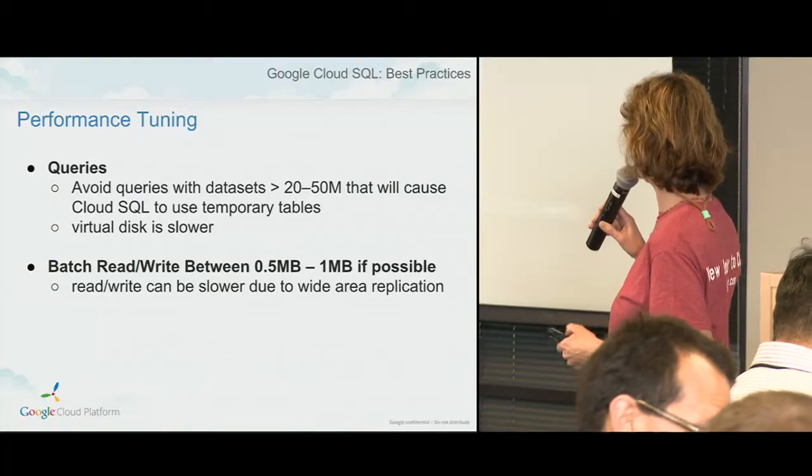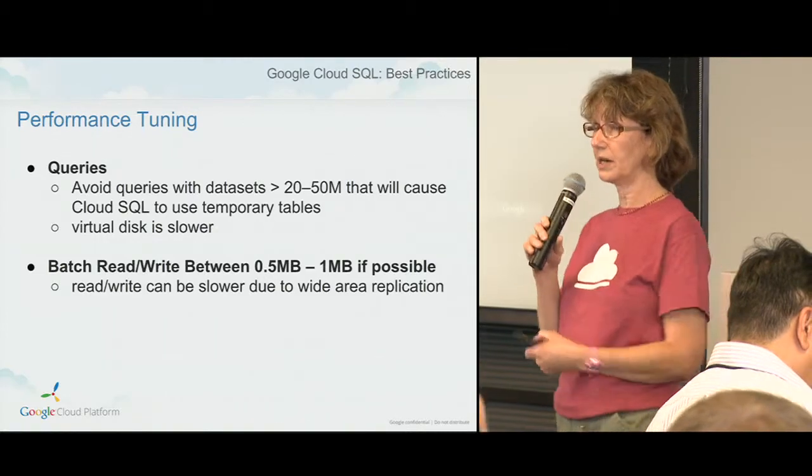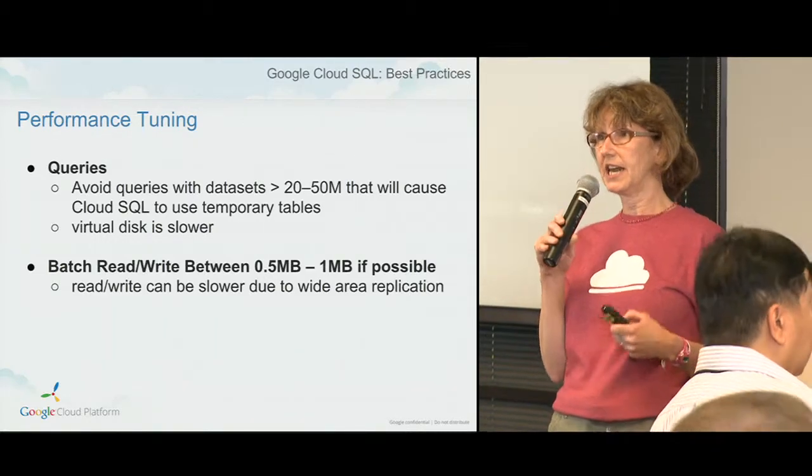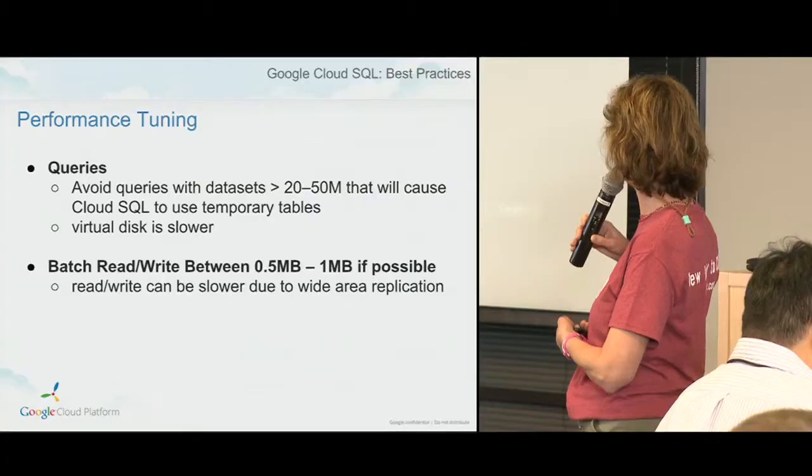Try to avoid queries over data sets with more than 20 to 50 million rows. And just remember that virtual disk is slower. And be careful when you're batching your reads and writes, because we do have this wide area replication, and it can slow down the reads and writes a little bit. This is only going to really affect you if you have big amounts of data.